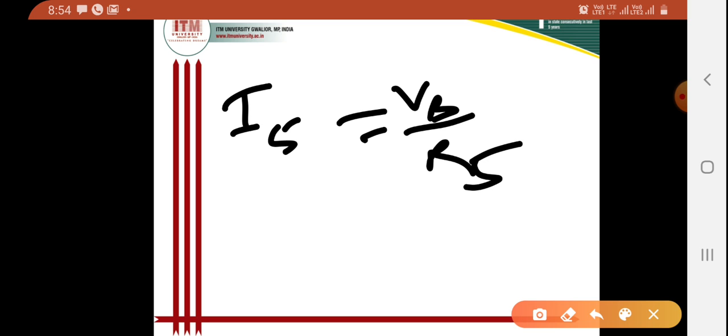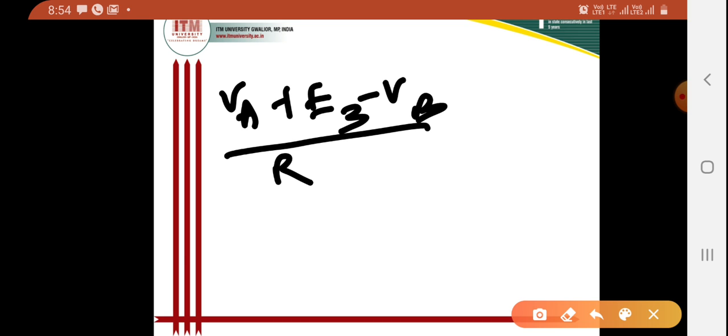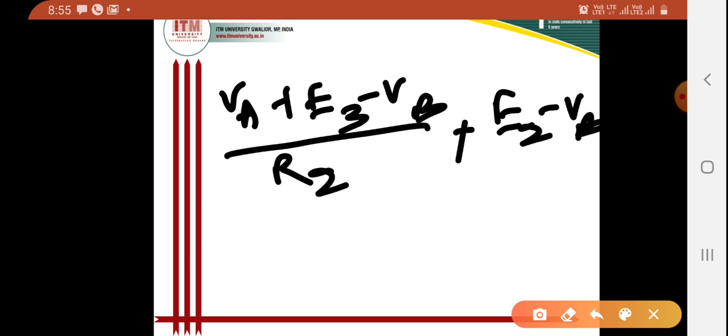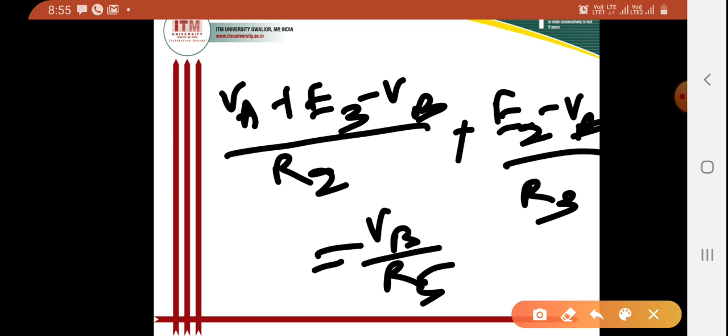So now, by putting these magnitudes in the equation I2 plus I3 is equal to I5 for node 2, I can write VA plus E3 minus VB by R2 plus E2 minus VB by R3, which will be equal to VB by R5.